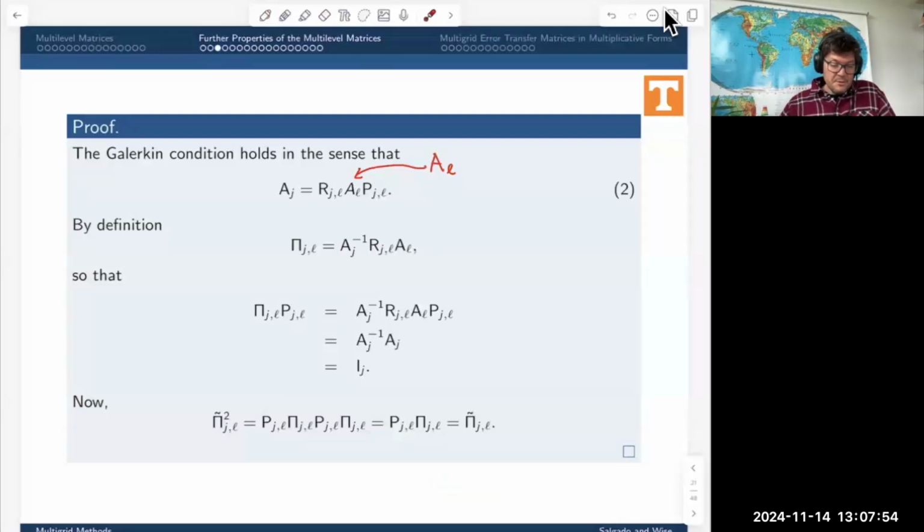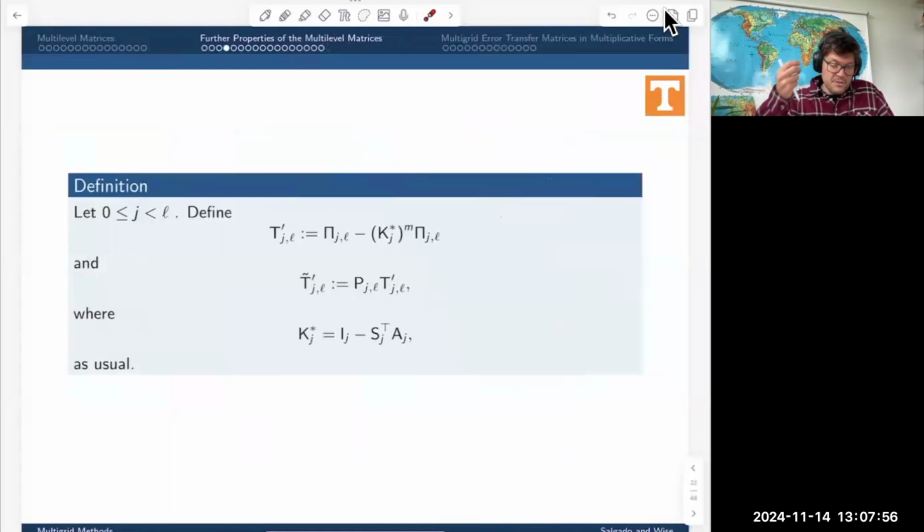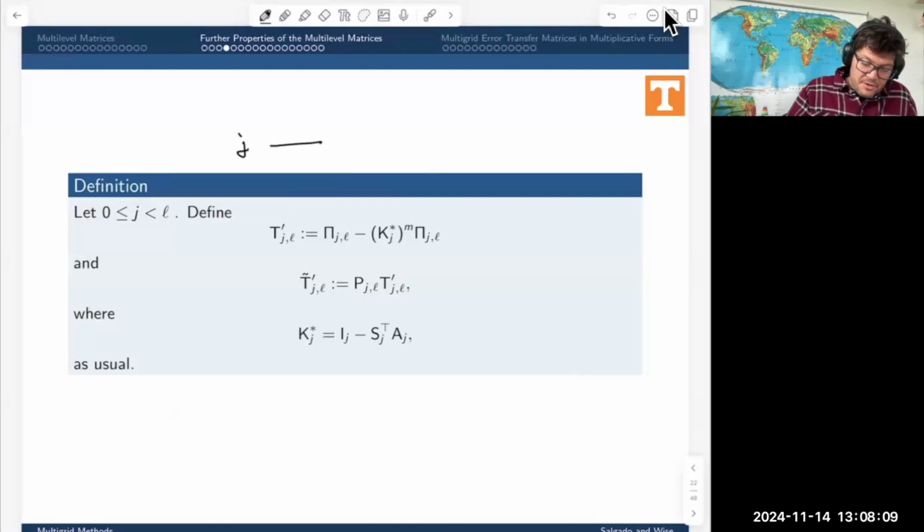Cool. Let's go on to another property. Actually, let's do a definition first. Sorry. So again, the way you should think about this setup is that J is a very coarse version of the mesh, and it's separated by quite a few levels from this fine level L. Now we're going to define the TJ prime matrix.